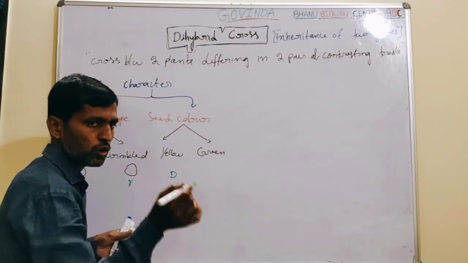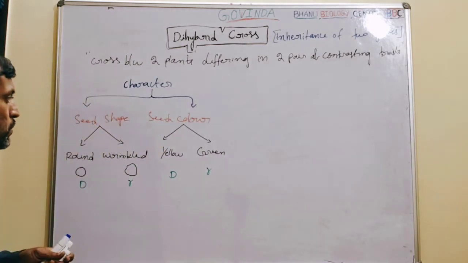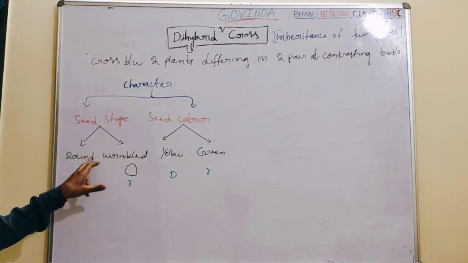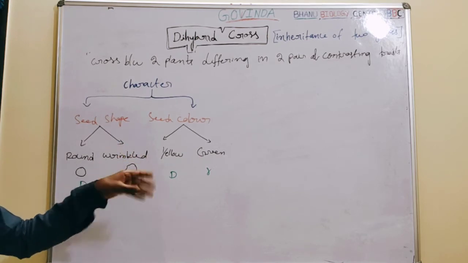Yellow color is dominant, so green color is recessive. You have to remember this. These are the two characters selected by Mendel, with these two pairs of opposing or contrasting traits.